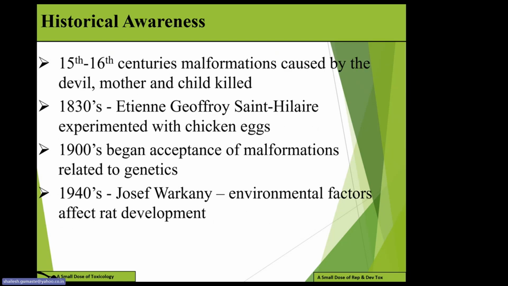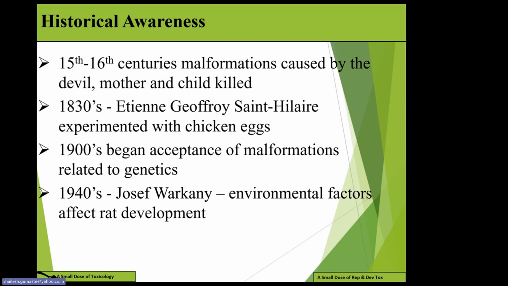In the 15th and 16th centuries, malformations were believed to be caused by the devil, and mother and child were killed. This is the brief history I am talking about regarding developmental toxicology, how it developed from the past thousands of years. In the 1830s, experiments were going on with chicken eggs.